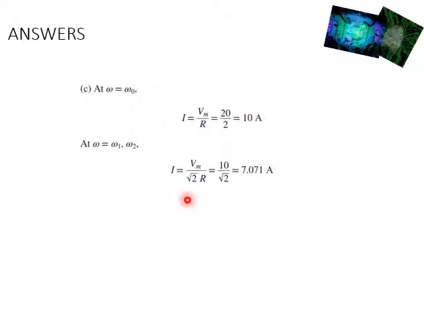We can use the equation root 2 multiplied by this value, or we have Vm over root 2 R. So 10 over root 2 is 7.071 ampere. So this is the amplitude of the current at half power, and this is the amplitude of the current at resonant frequency.